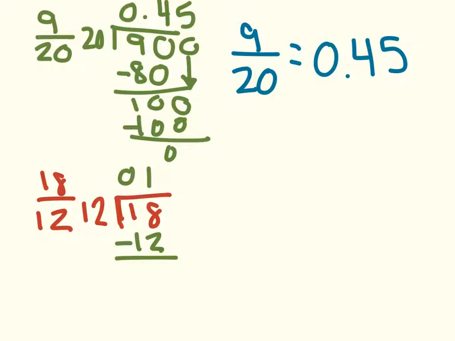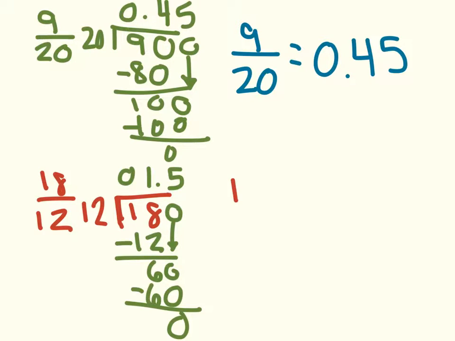We subtract and are left with 6. We don't have anything else to bring down, but we also don't have a remainder of 0. So this is where we place a decimal and bring down a 0. 12 goes into 60 5 times. 5 times 12 is 60. We subtract and are left with 0. So we notice now that 18/12 in the decimal form is 1.5, or 1 and 5 tenths.